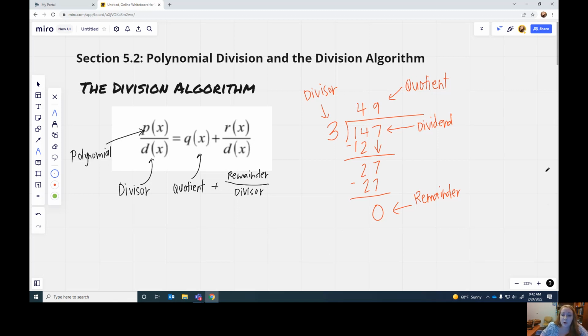We're going to follow this same algorithm to divide polynomials. It'll just be slightly more complicated because instead of using just numbers, we'll have variables involved. So let's scroll down and talk about long division.